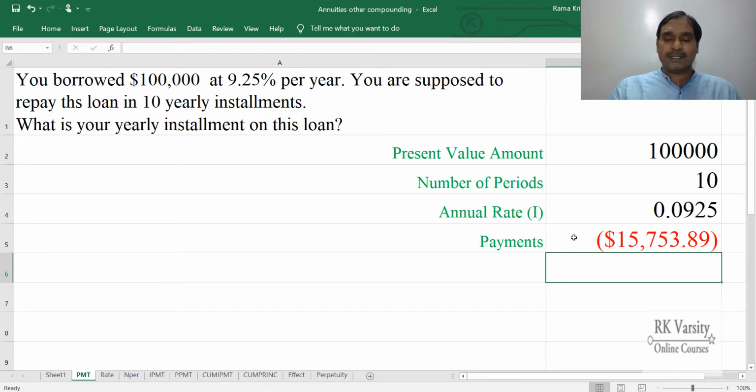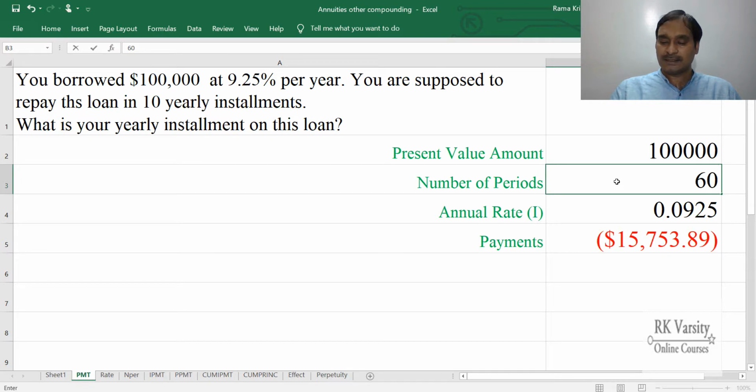In another scenario, assume that you borrowed the same loan of 100,000 and your period, instead of 10 years, you wish to pay this loan in monthly installments over 5 years, that is 5 into 12, 60 months, and the rate of interest is this.